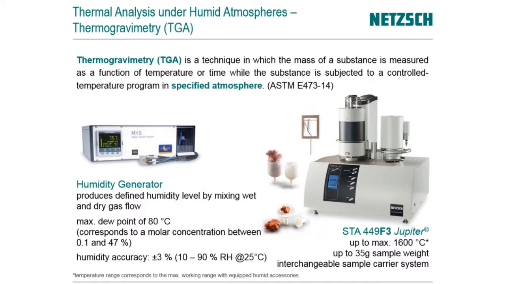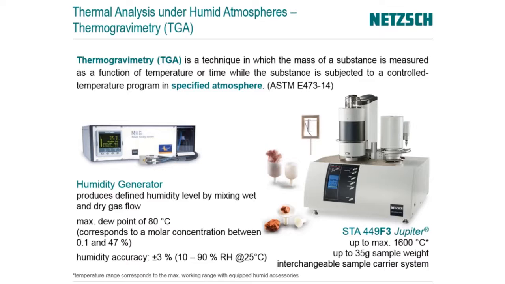Thermogravimetry is a technique in which the mass of a substance is measured as a function of temperature or time, while the substance is subjected to a controlled temperature program in a specific atmosphere. So for us today, the specific atmosphere is an important point. We want to analyze gravimetric, so mass changes of samples in humid atmospheres, and these humid atmospheres are produced by a humidity generator.